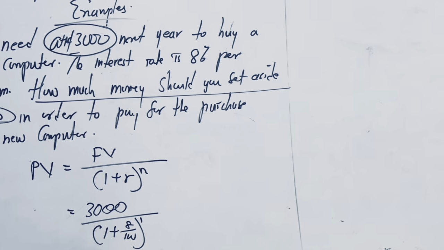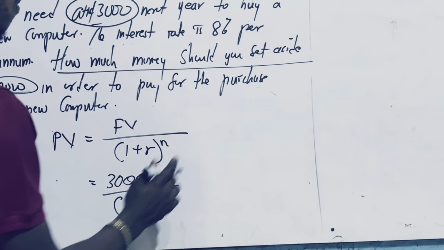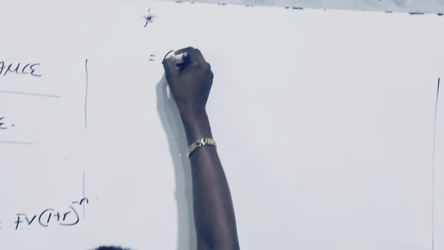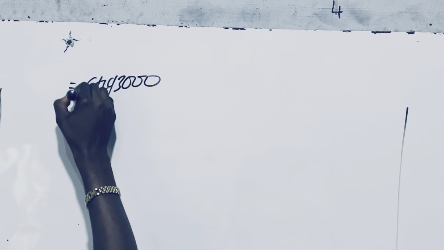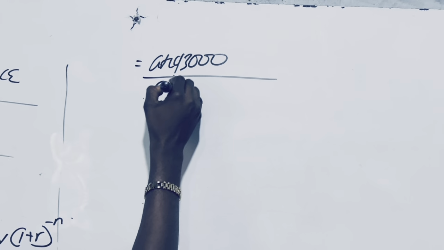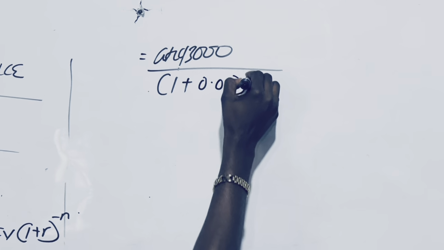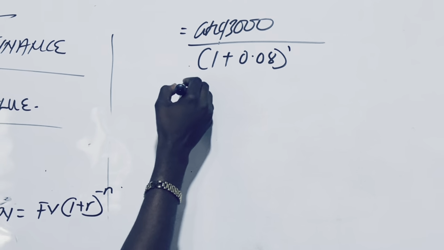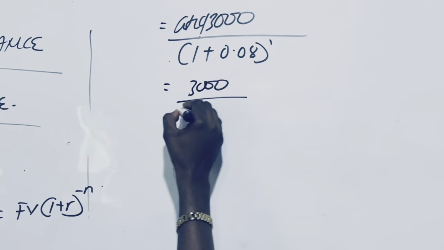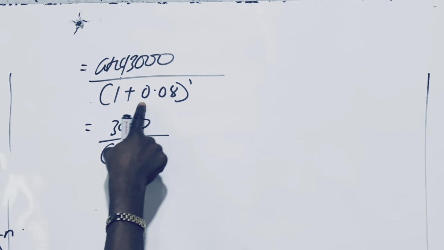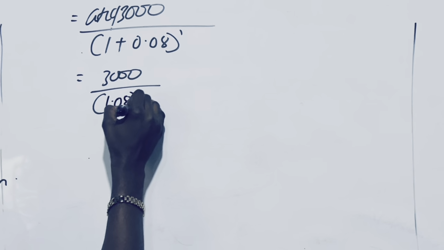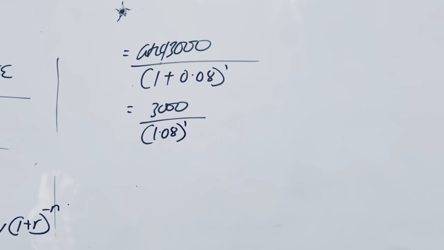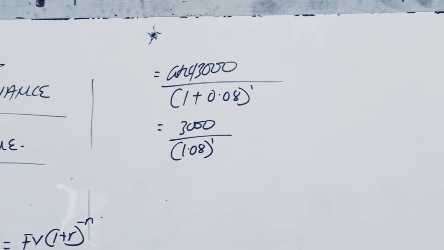So we have 3,000 over (1 + 0.08) to the power 1, which is 1.08 to the power 1, which is the same as 1.08.